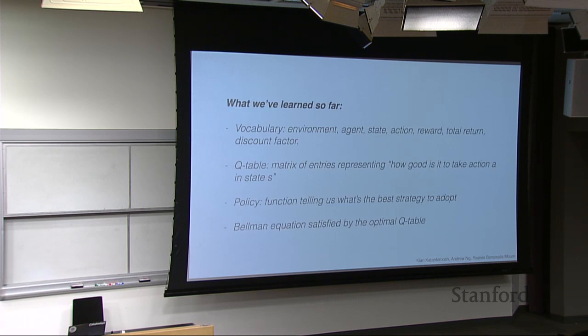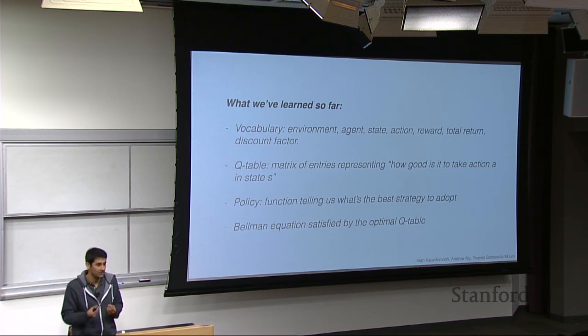So just to recap these first 30 minutes, in terms of vocabulary, we learned what an environment is. It's the general game definition. An agent is the thing we're trying to train, the decision maker. A state, an action, reward, total return, a discount factor, the Q table, which is the matrix of entries representing how good it is to take action A in state S. A policy, which is our decision-making function, telling us what's the best strategy to apply in a state.